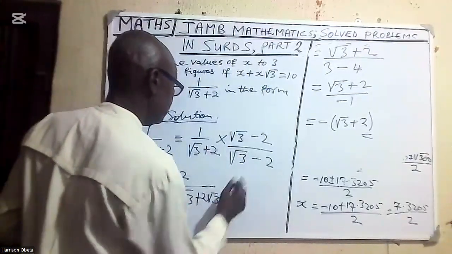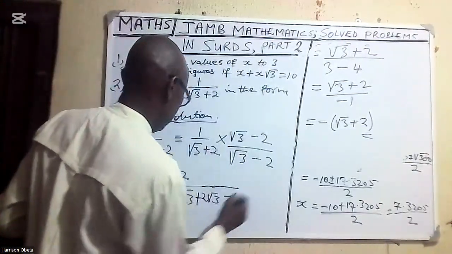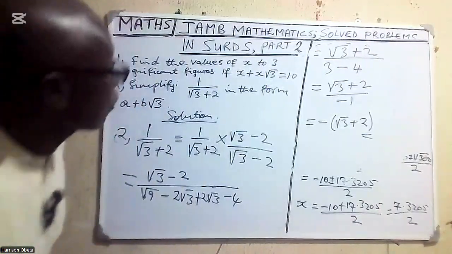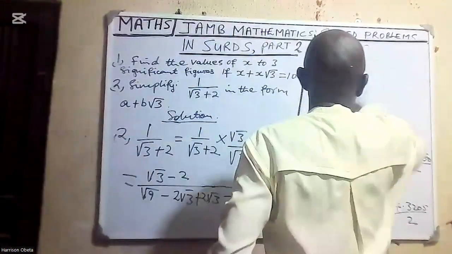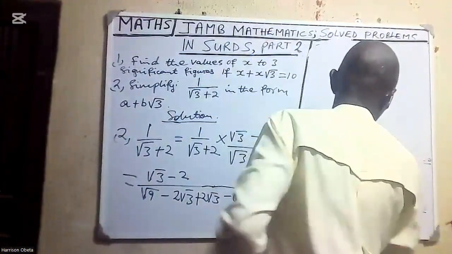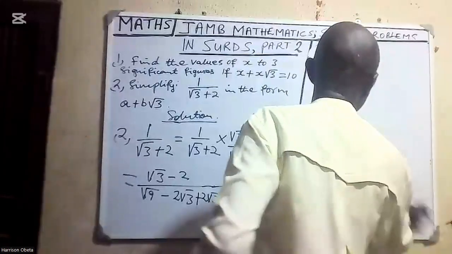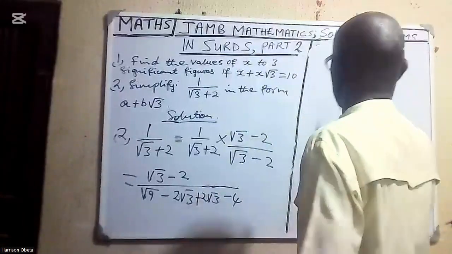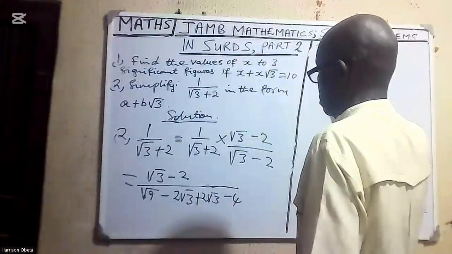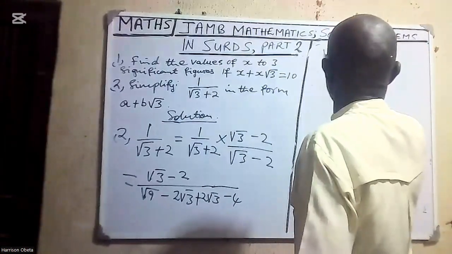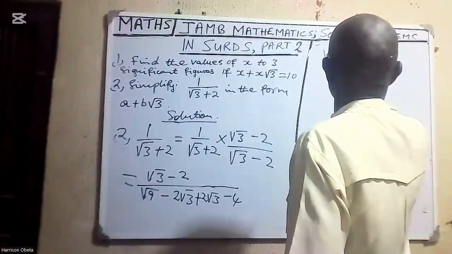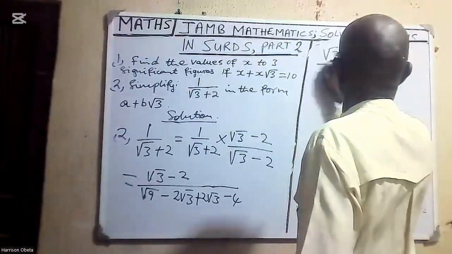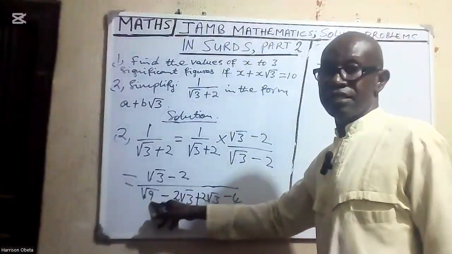And then 2 times minus 2 is minus 4. Okay, so moving on, we come over here and we have root 3 minus 2 all over, root 9 is 3.